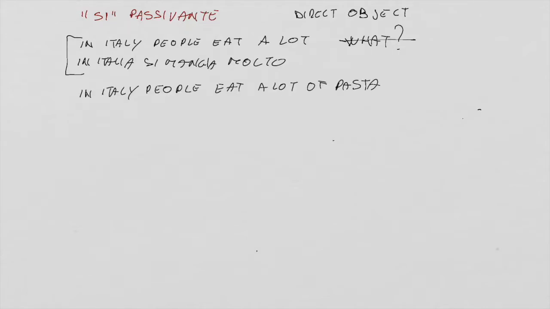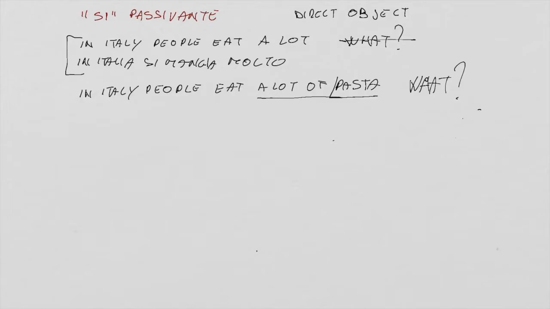In Italy, people eat a lot of pasta. In this case, you have a direct object because you have a noun that answers the question what. In Italy, people eat what? A lot of pasta. So, a lot of pasta in Italian, molta pasta, is a direct object.